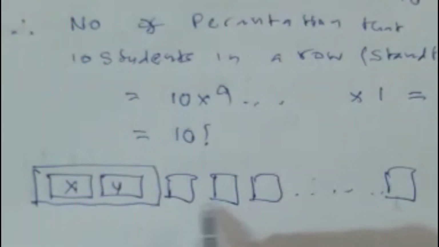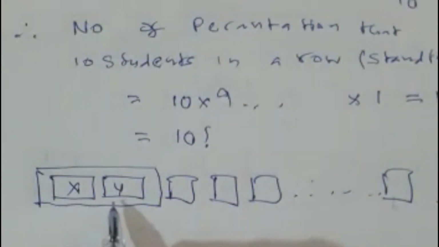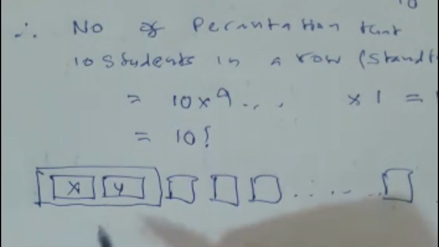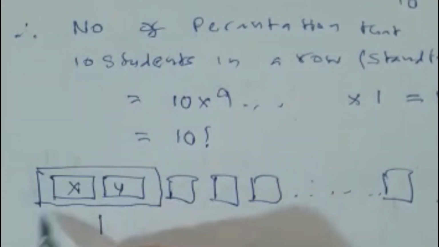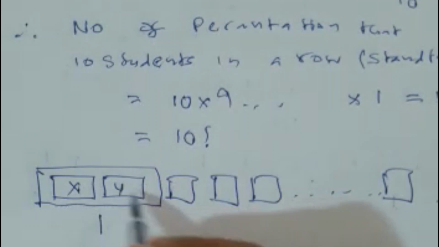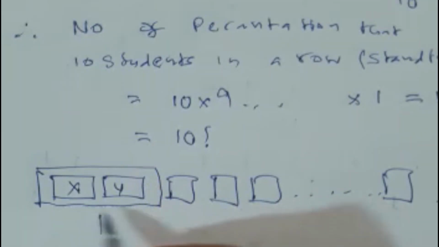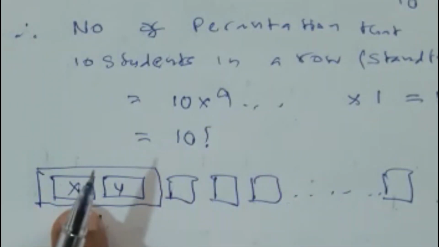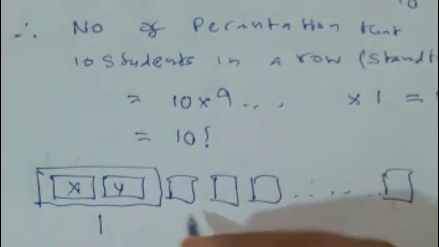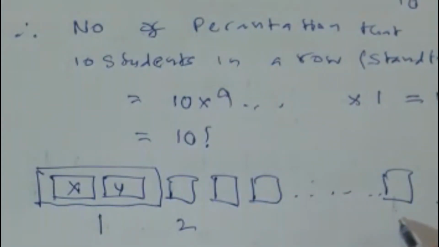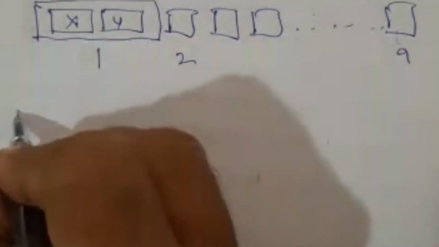So there are 8 other possibilities with these 10. You are going to consider these two as one unit, because we are always going to move these 2 students together.